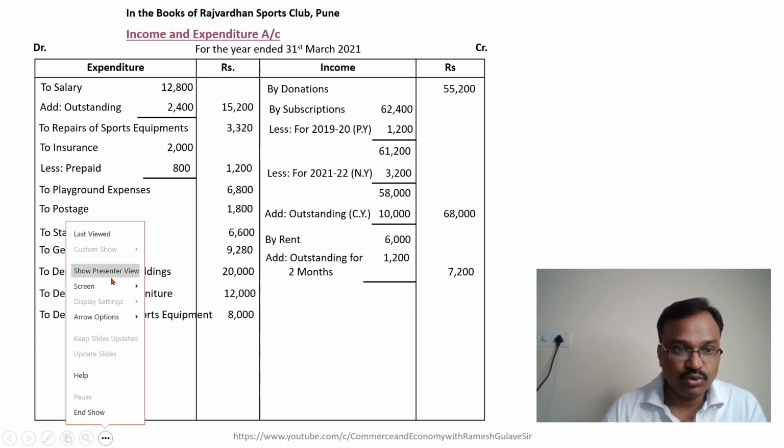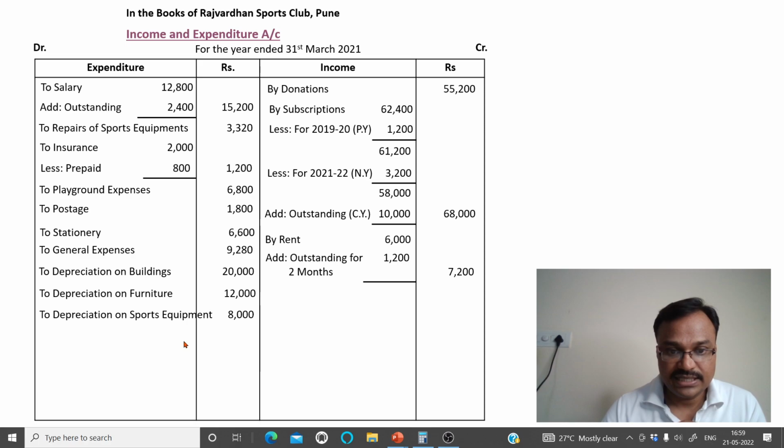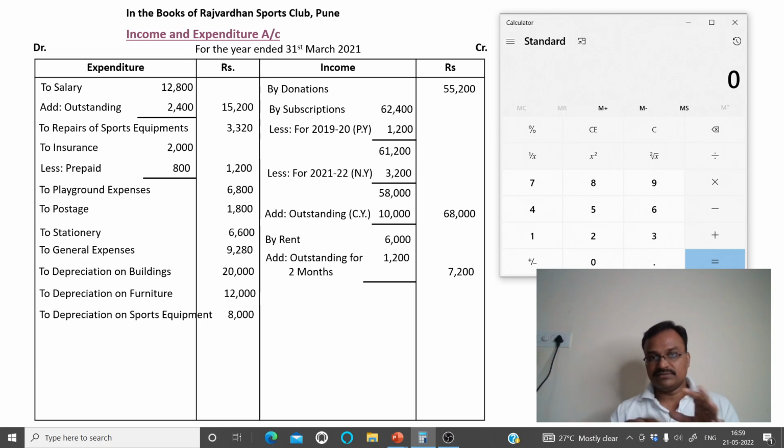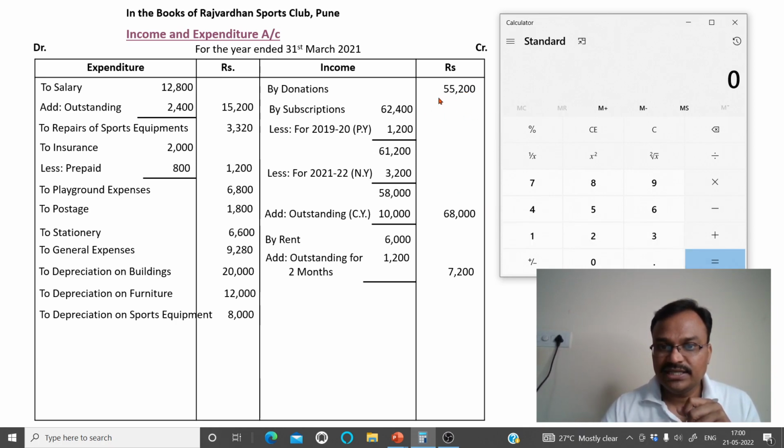Okay, for that we have to take the calculator. Here friends, I will show you the total procedure of the calculation, how to calculate exactly these things. Okay, so here let us calculate the credit side. So credit side is 55,200 plus 68,000 plus 7,200.